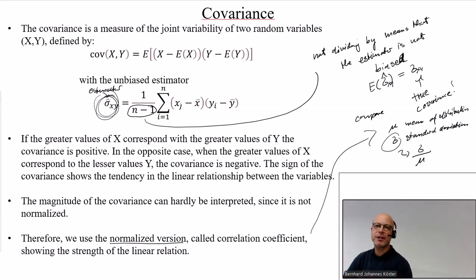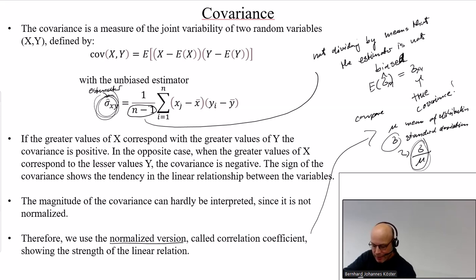Then the 100 just cancels out. And then you can really interpret this number, standard deviation divided by your average, by your mean. Then you can compare different data sets with each other.